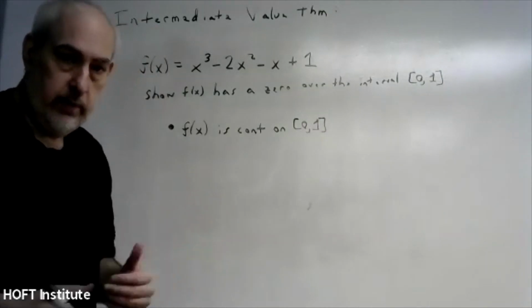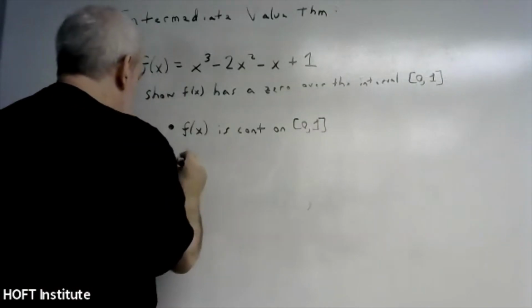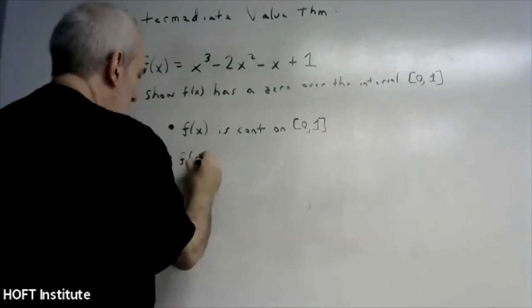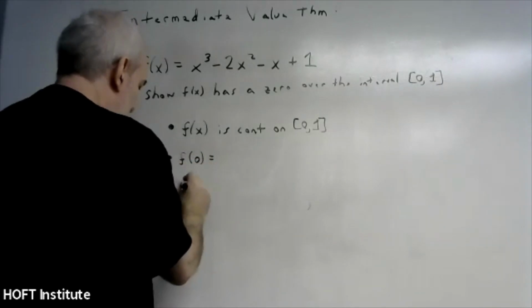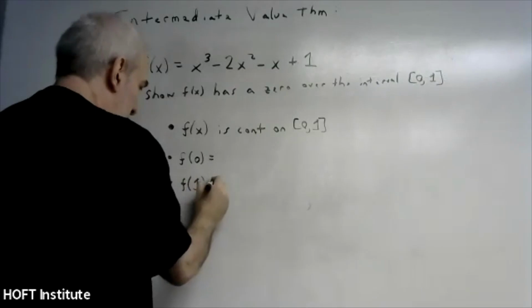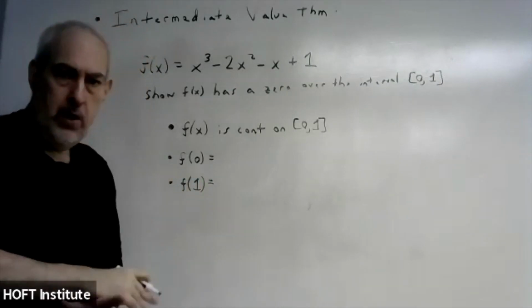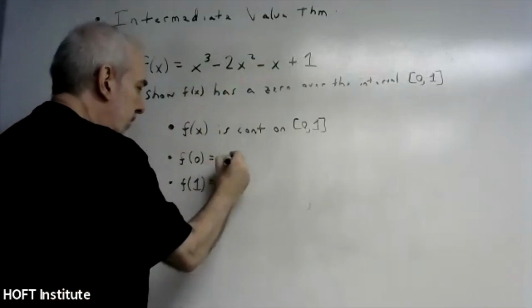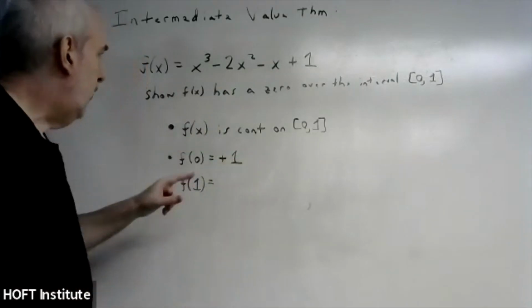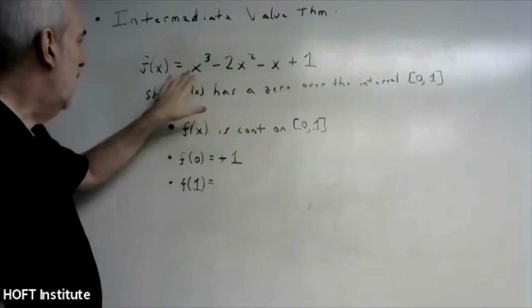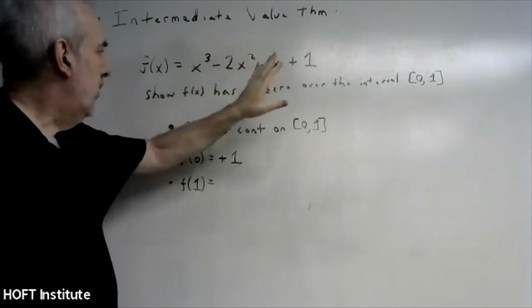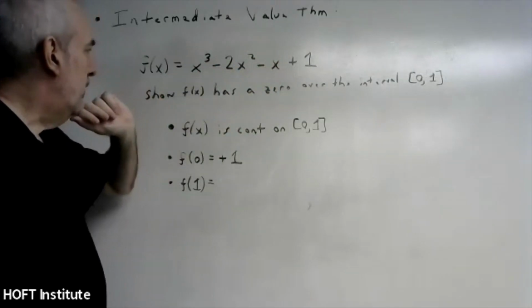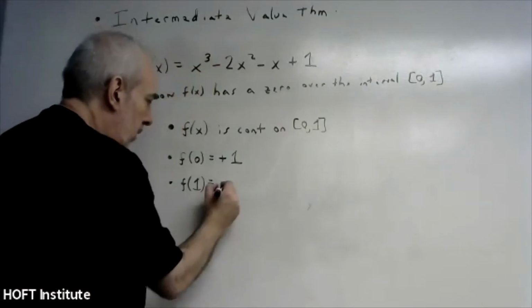Polynomials are continuous everywhere. Okay, next thing I want to check is what is the value of f of A and f of B. Okay, so f of 0, if we plug in 0, we get positive 1. If we plug in 1 into this equation, we get 1 minus 2 minus 1 plus 1, which is 2 minus 3 is negative 1.